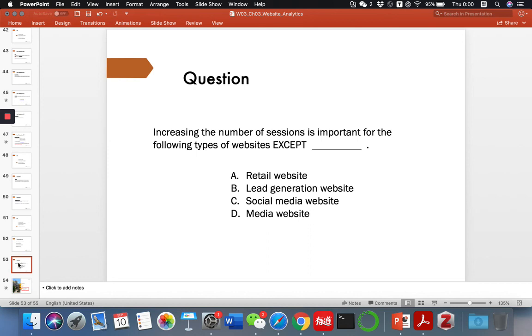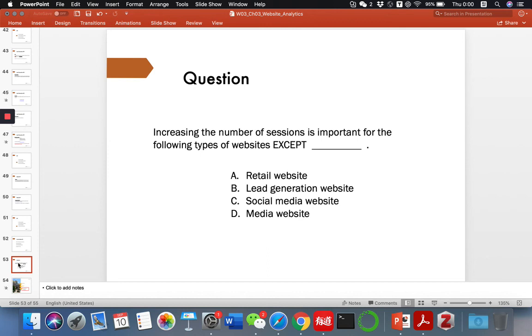Increasing the number of sessions is important for the following types of websites except A, B, C, D. A, retail websites. We say sessions matter to them, because every session means a potential customer. B, lead generation websites. We say that this website cares about users.